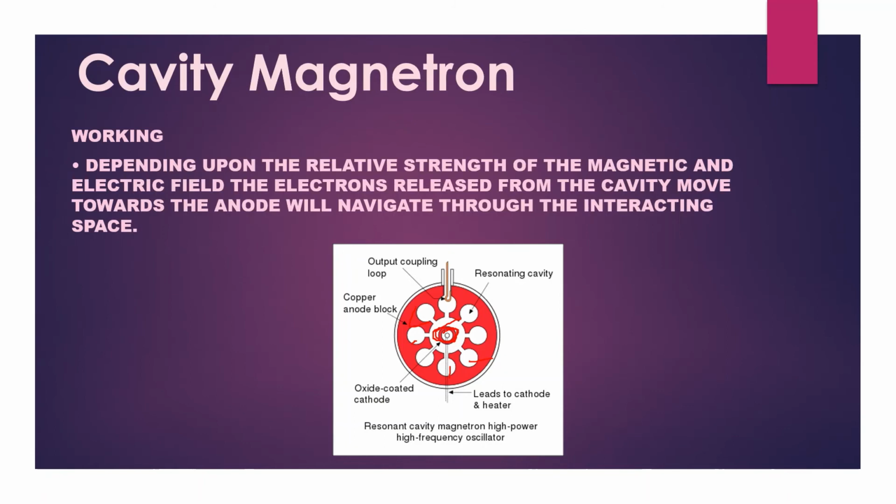Depending upon the relative strength of the magnetic and electric field, the electrons released from the cathode move towards the anode and navigate through the interaction space. This is when no external magnetic field is applied. When the cathode is heated, electrons will be emitted and move towards the anode cavity, and they will produce an electric field.